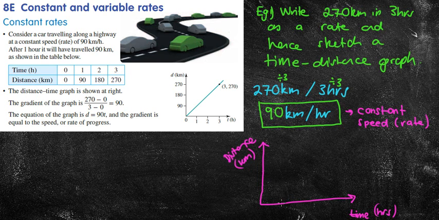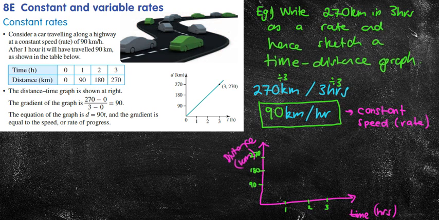Now, in my first hour, I'm going to put maybe 3 hours because that's what we started off with. We traveled 90 kilometers, and over the 3 hours, we traveled 270 kilometers. So I'm going to go by 90: 90, 180, 270, because that's what I'm going for each hour. So it makes it nice and easy to plot some coordinates.